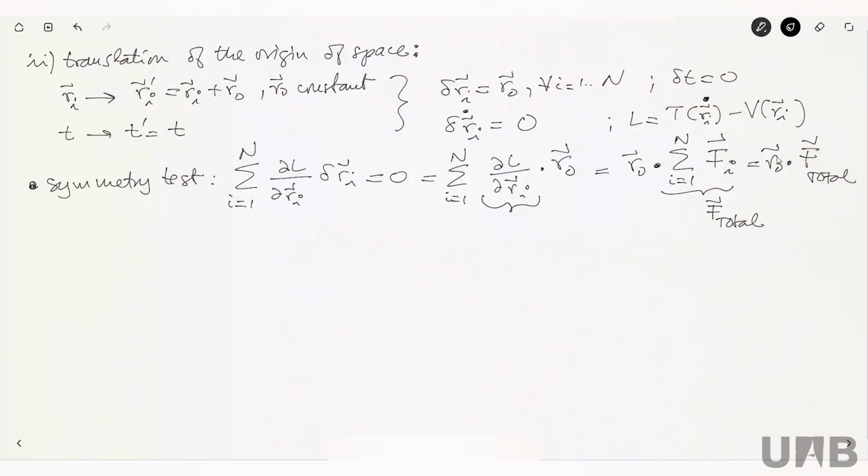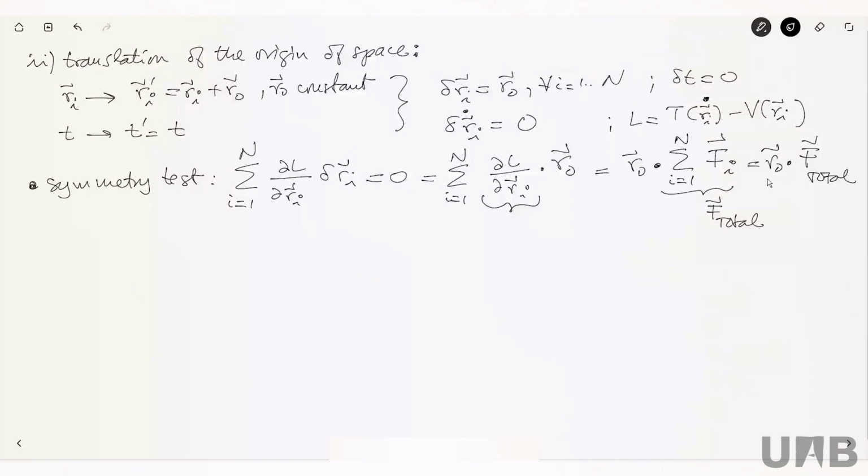So that means that in the direction of R0, there can be no net force. That's what this equation says. In the direction of R0, there can be no total force, no net force. All the forces have to vanish in the direction of R0, right?